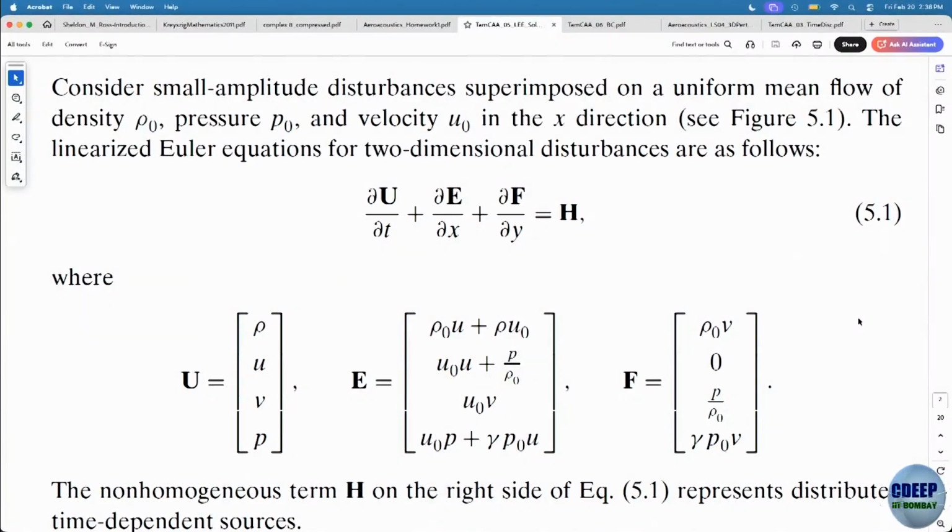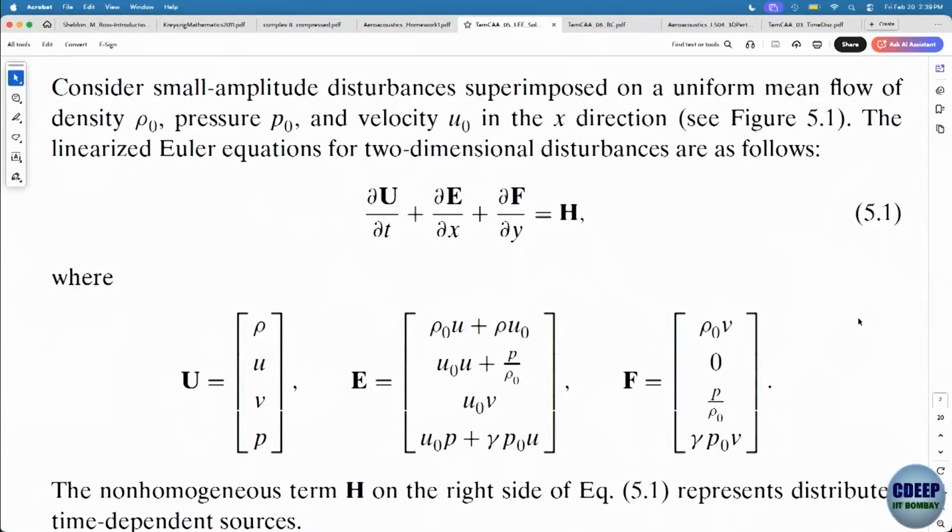We want to know what is the rho, u, v, and p at any instant of time and at any location in space, and that is governed by this top equation, where E and F are the quantities that have to be taken the x and y derivatives of, and again these are vector quantities. H is a source that we leave in our equation, and we can use that if required.